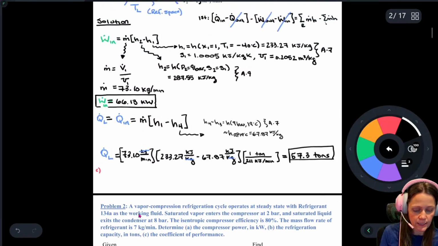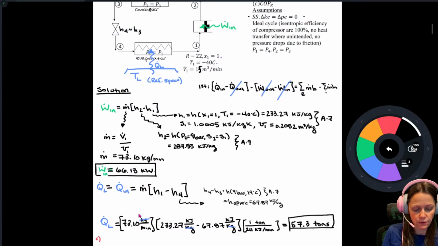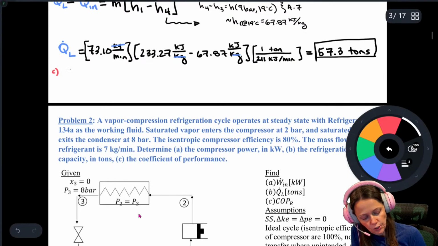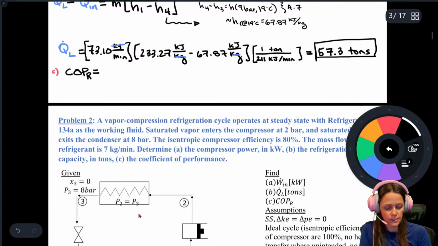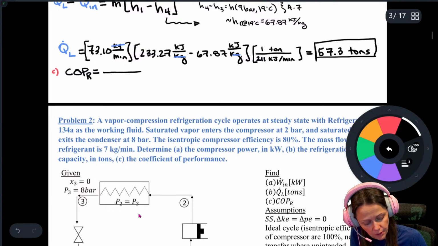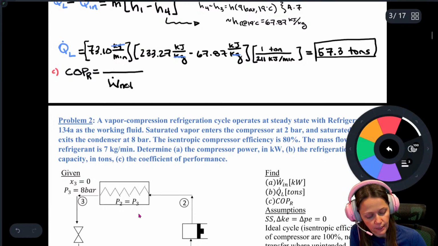All right, so then the very last thing we need to do for this guy is our coefficient of performance. So our COP, and it's for a refrigeration cycle. So for a refrigeration cycle, it's what you're interested in over what you have to put into it. So what you have to put into it is your W dot net.